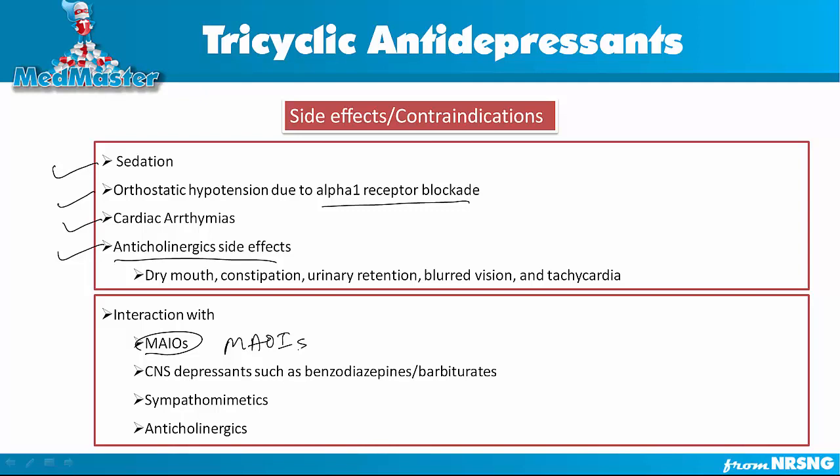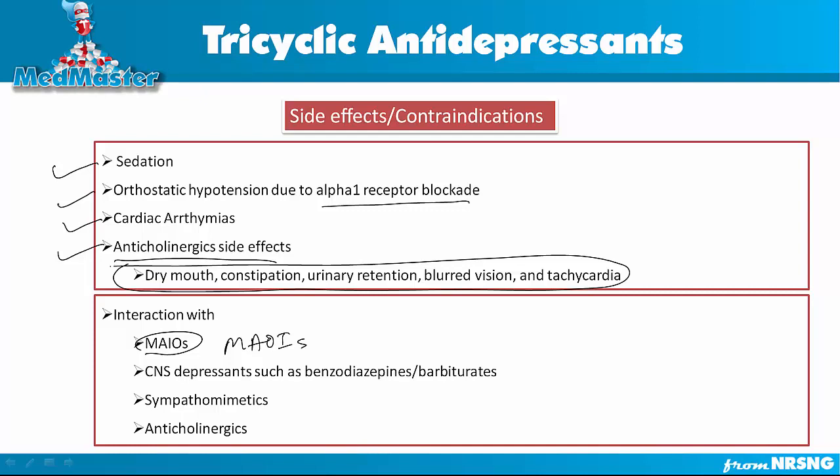It will also interact with sympathomimetics, because sympathomimetics cause the same side effects like dry mouth, constipation, urinary retention, blurred vision, tachycardia, and so forth. So if you give a patient a sympathomimetic medication, it will worsen the side effects. And anticholinergic medications as well, because they have the same side effects.